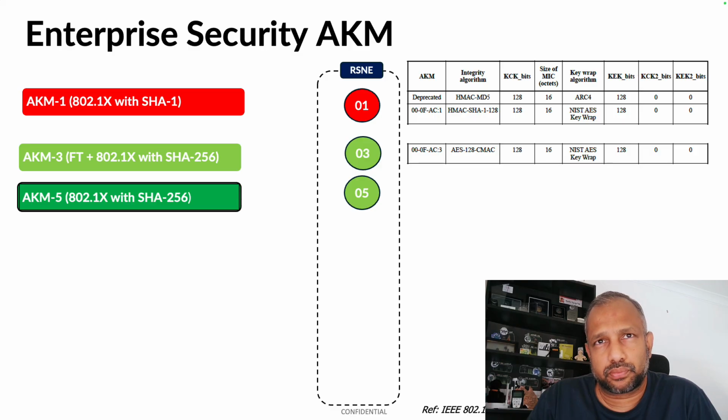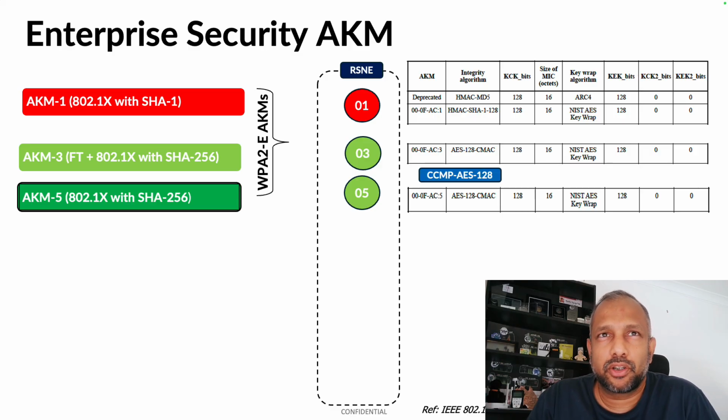Typically, in the WPA2 world, we had these AKM values: AKM 1, 3 and 5. Most legacy clients will connect with AKM 1, but newer clients understand AKM 5 and should be able to connect. With WPA3, the main enhancement was the introduction of PMF.